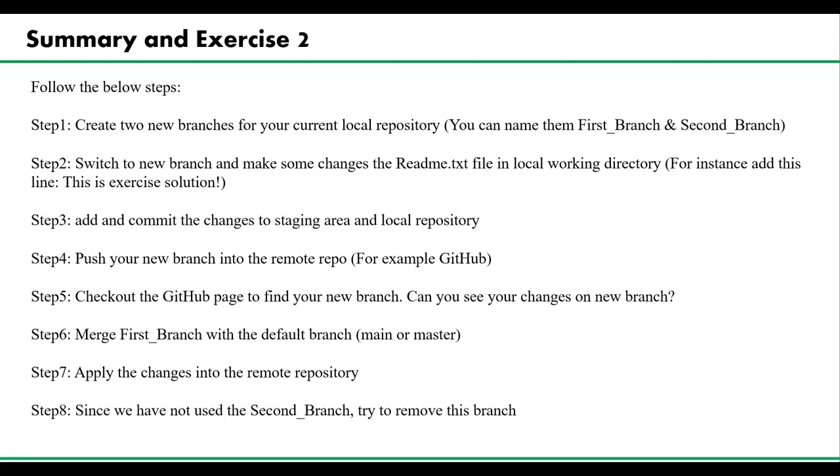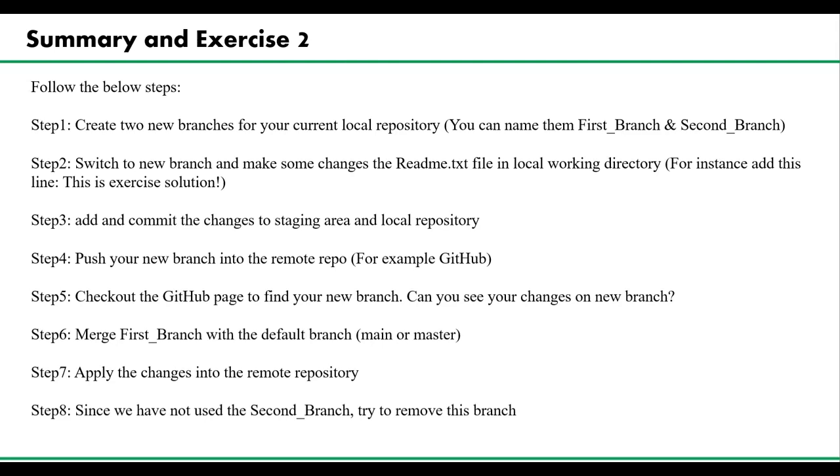Step 3 is then adding and committing those changes that you made in step 2 to the staging area and local repository. Then in step 4, you should push your new branch into the remote repository.